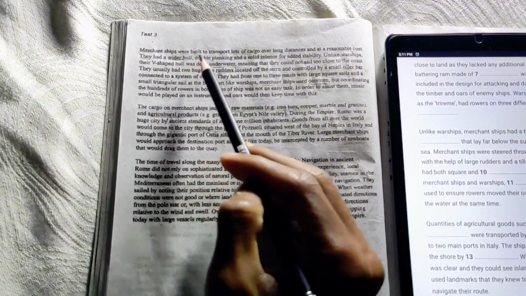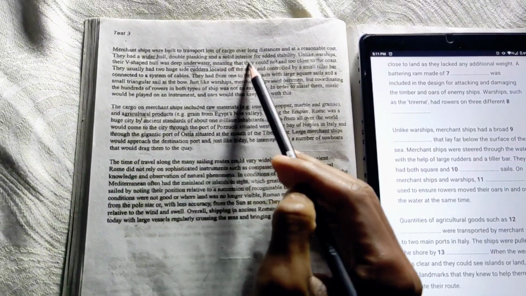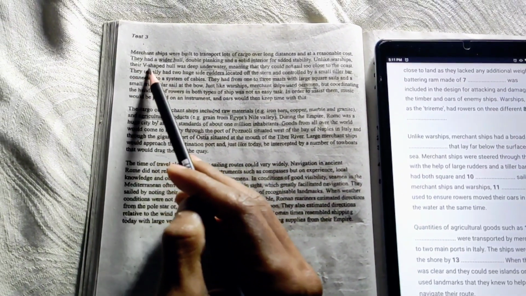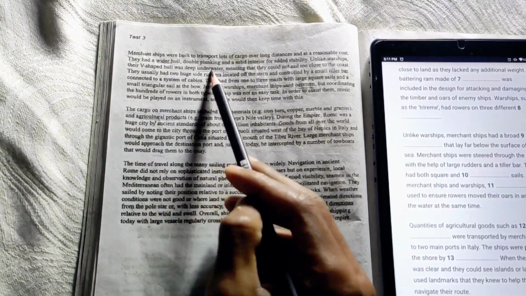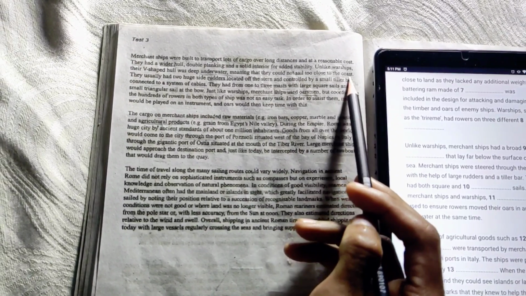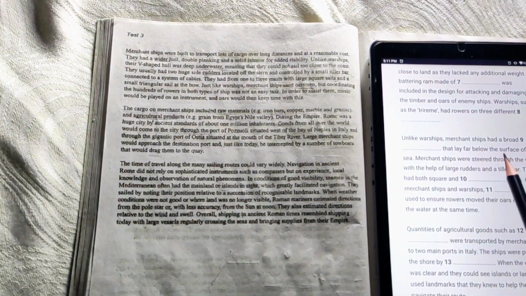Okay, I'll elaborate right now. "A double planking and a solid interior for added stability. Unlike warships, their V-shaped hull was deep underwater, meaning that they could not sail too close to the coast." So deep underwater means below the surface of the sea.